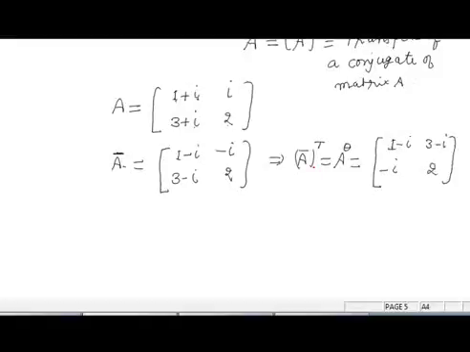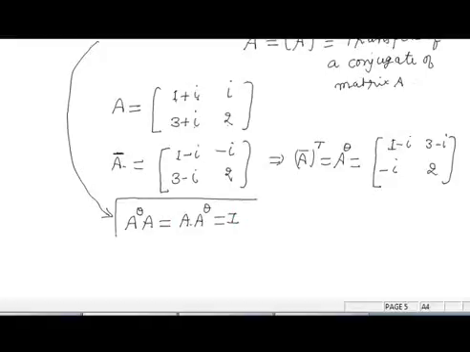This is just an example to let you know what A theta means. But the condition for a unitary matrix is A theta into A, or otherwise A into A theta. When this is equal to I, then the matrix is called the unitary matrix.